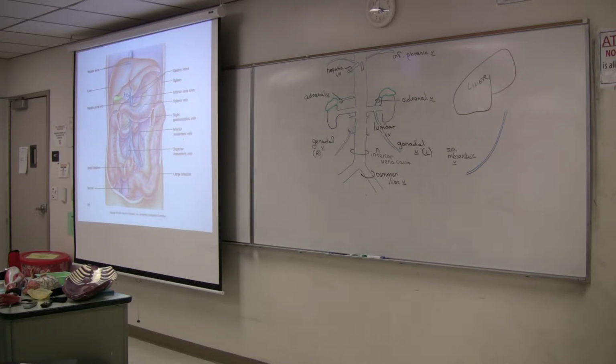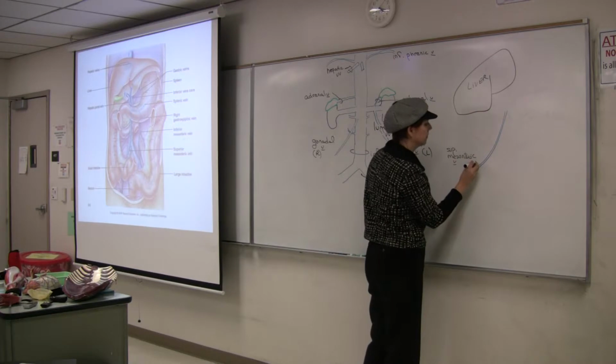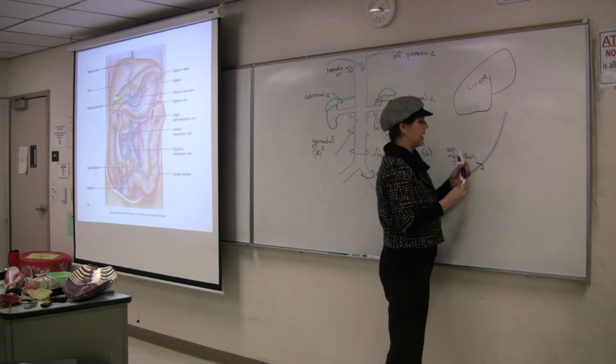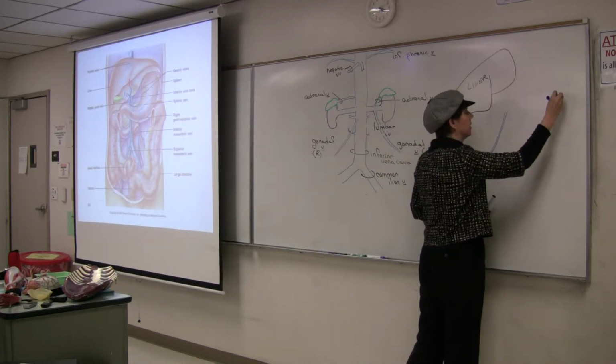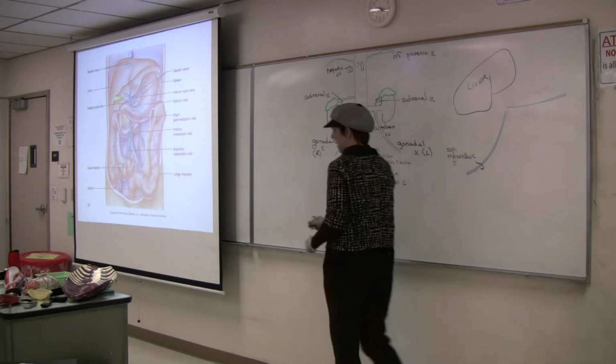So that's a lecture type question: which of the following vessels join together to form the portal vein? And the answer is superior mesenteric vein and splenic vein.